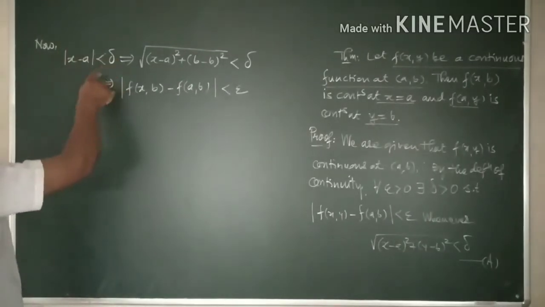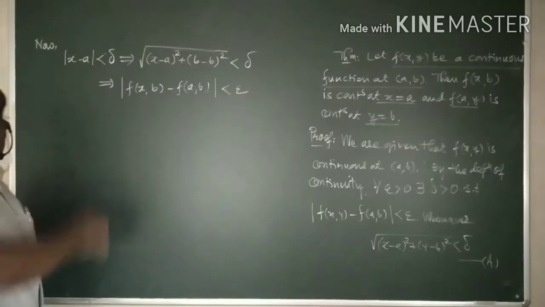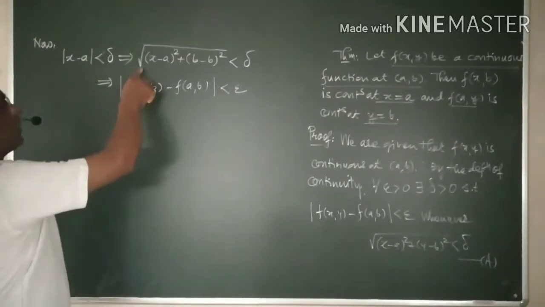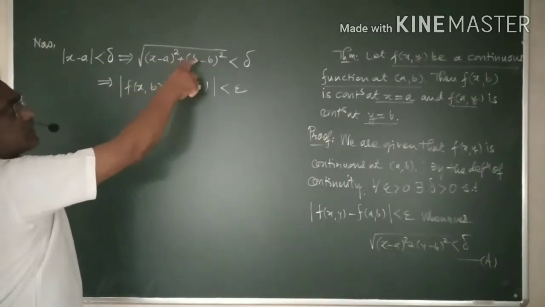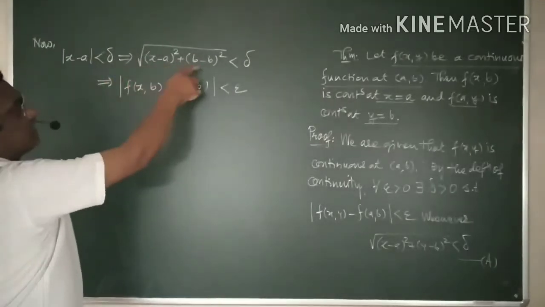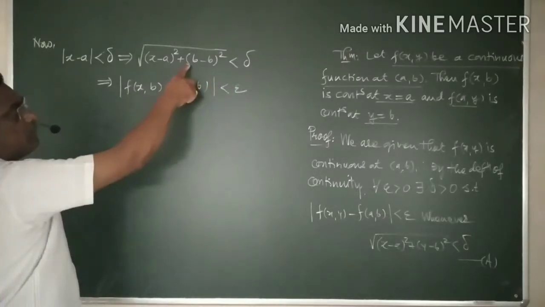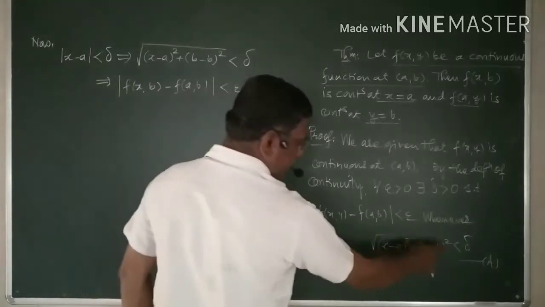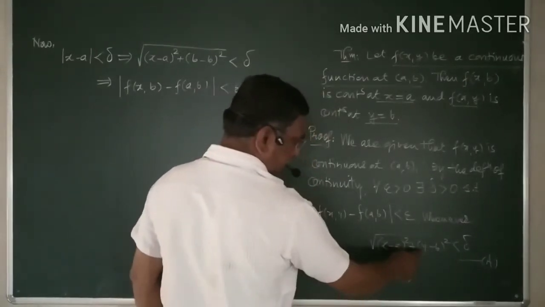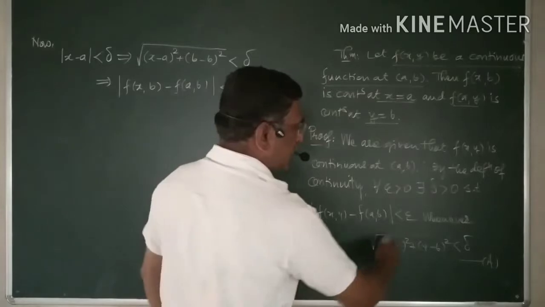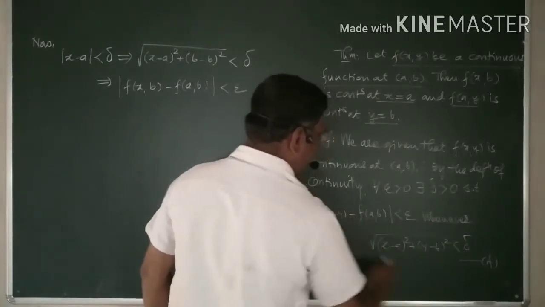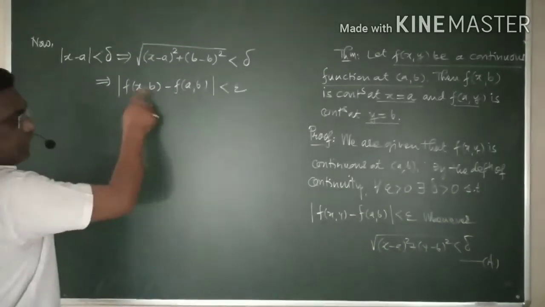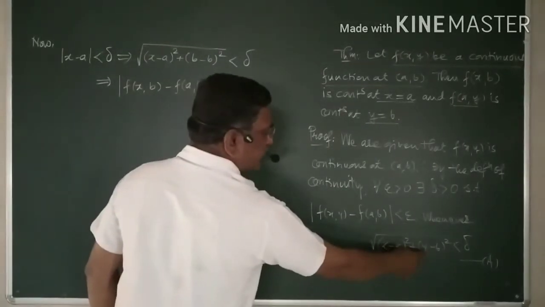Whenever the absolute value of x minus a is less than delta, meaning root of (x minus a) square plus (b minus b) square is less than delta, and comparing with (x minus a) square plus (y minus b) square less than delta, taking b instead of y, this changes to f of x comma b, as here we are considering y is equal to b.